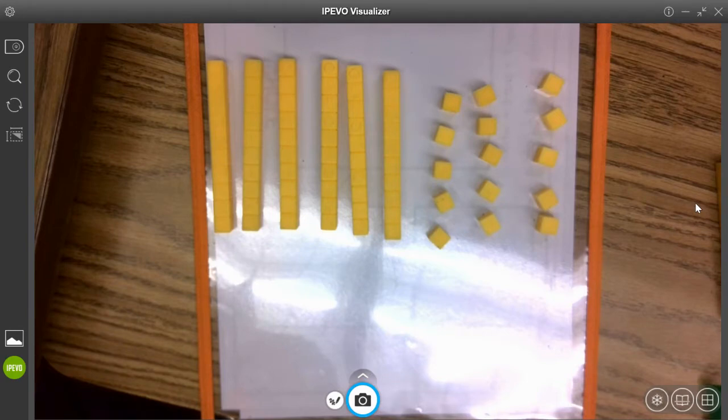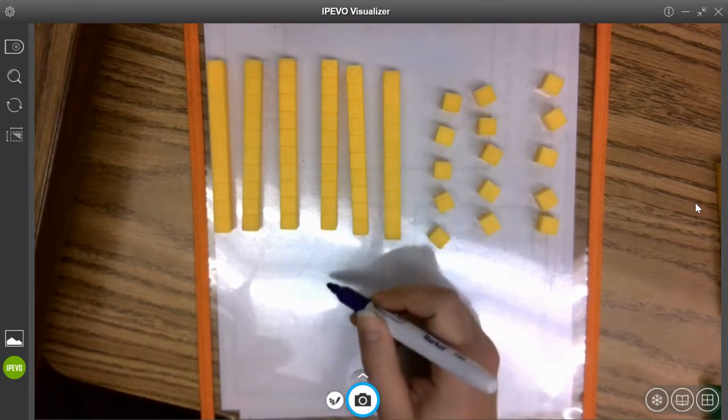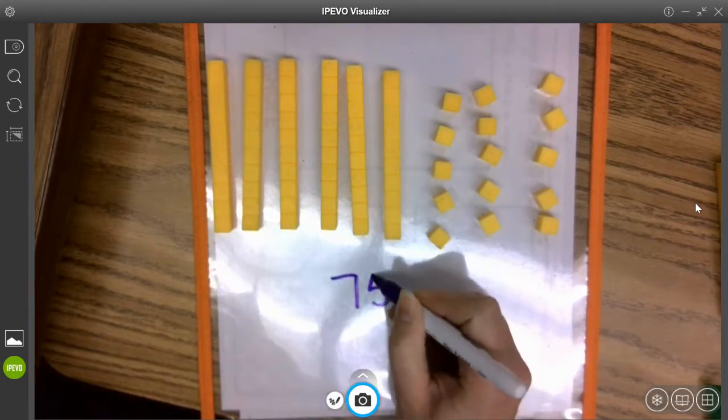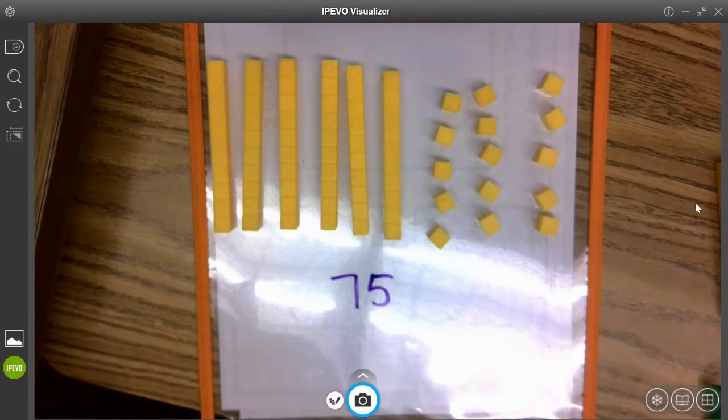What number do you see now? I'll give you just a second. Okay, look, think, speak. 75. Is that what you got?